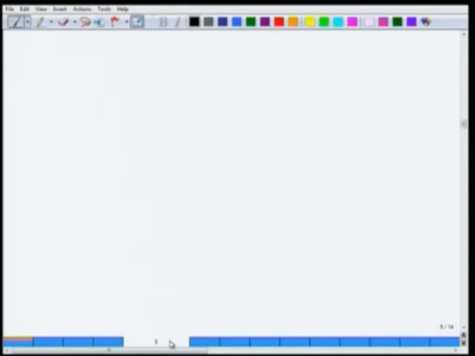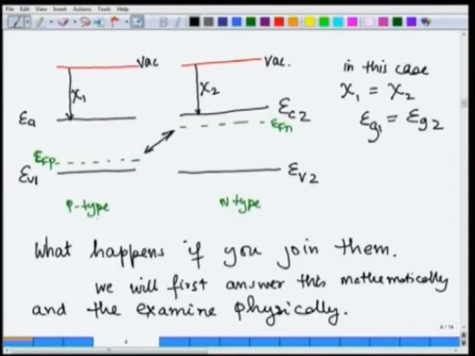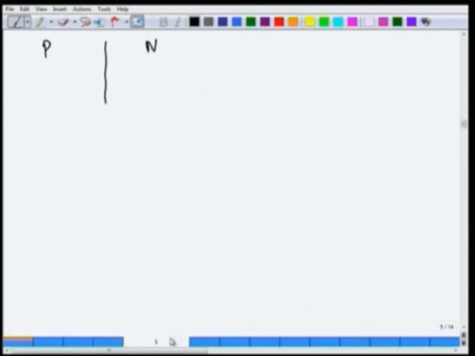Let us consider that on this side I have p type material, on this side I have n type material, like in this page. On the left I have p type material, on the right I have n type material. So, I am continuing with this. So, what will happen? When you join them, electrons are going to try to flow from p to n type, and they will try to flow from n to p type.